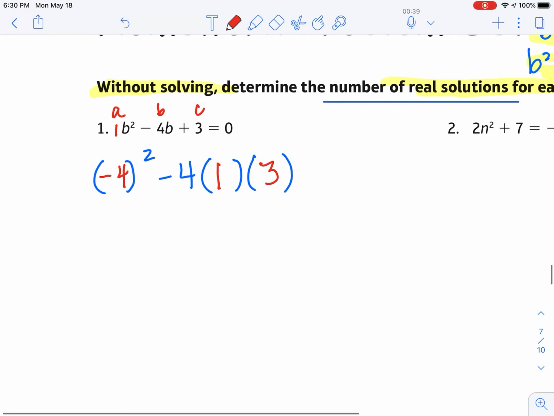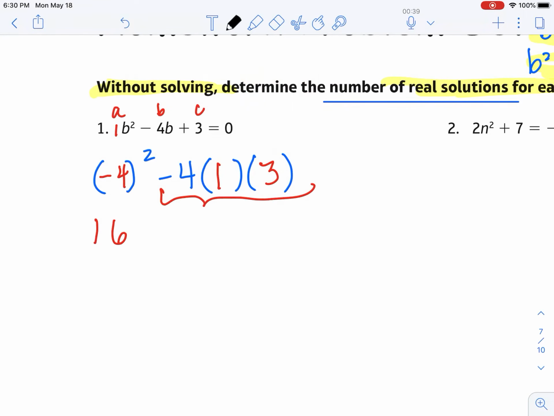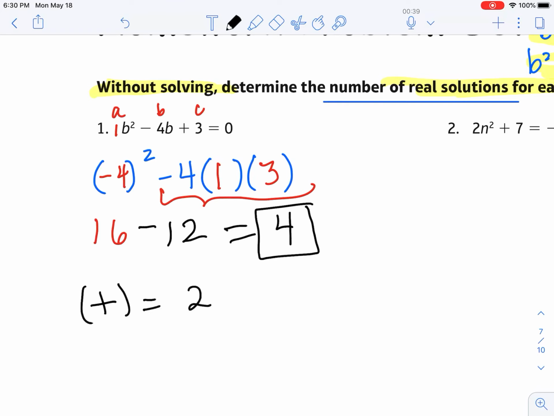So for example here, it's a negative 4 times a negative 4, which is a positive 16, and then negative 4 times 1 is a negative 4, times 3 is a negative 12. So when you simplify b squared minus 4ac, this simplifies to a positive 4. Since this is a positive number, that means that there are two real roots.